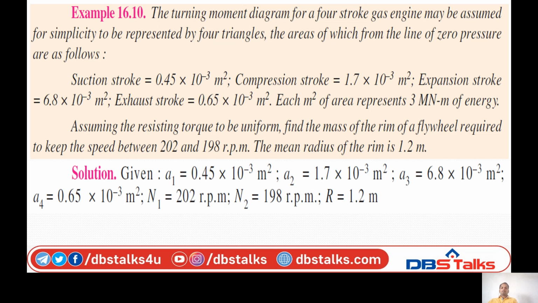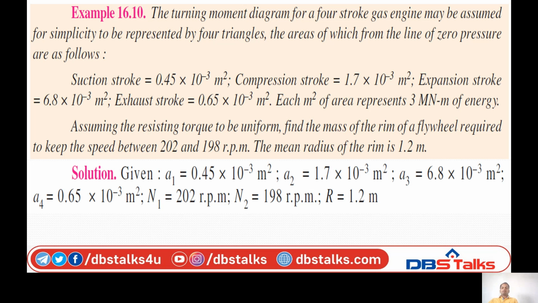So the final thing to be found out is the mass of the rim, to keep the speed between 202 and 198.